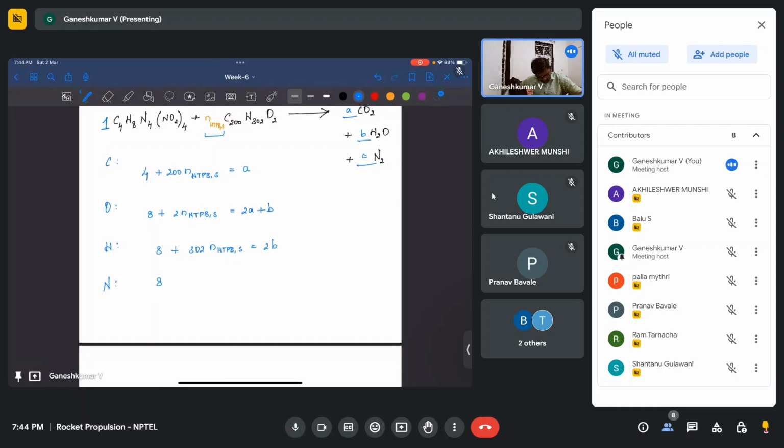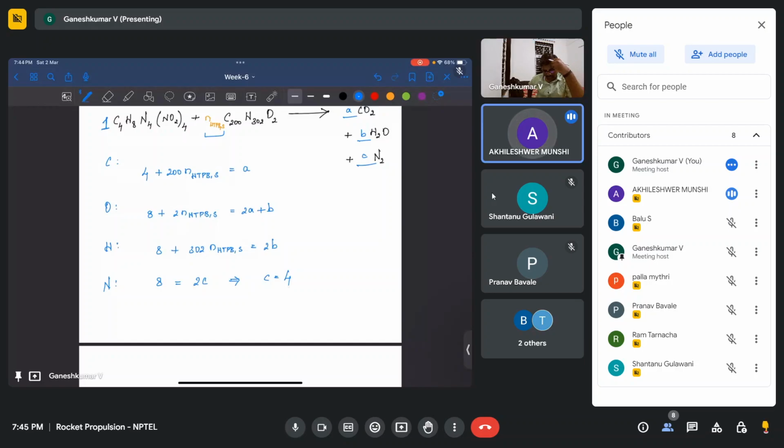So this will give you C is equal to 4. So n is balancing, which means actually you do not have enough oxygen to balance and get carbon dioxide and water vapor.